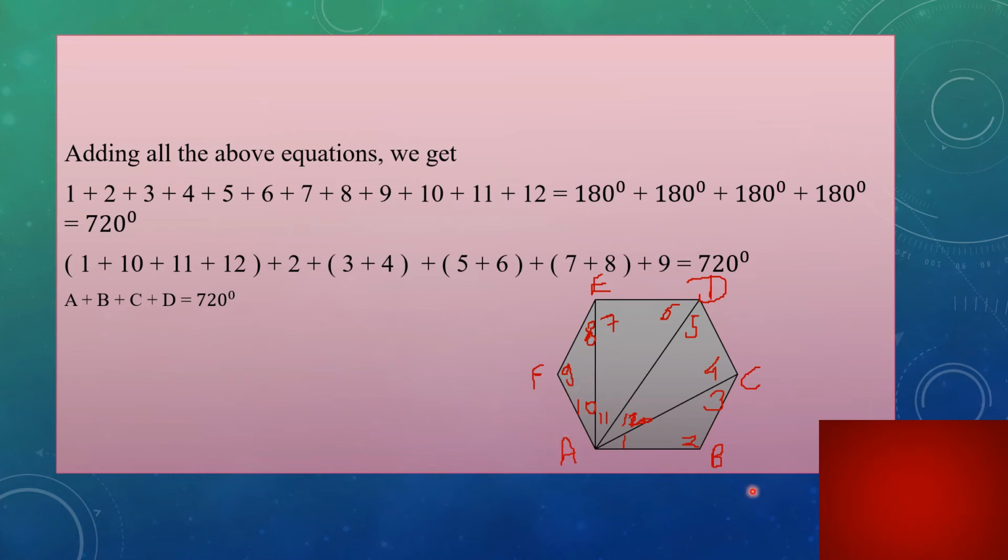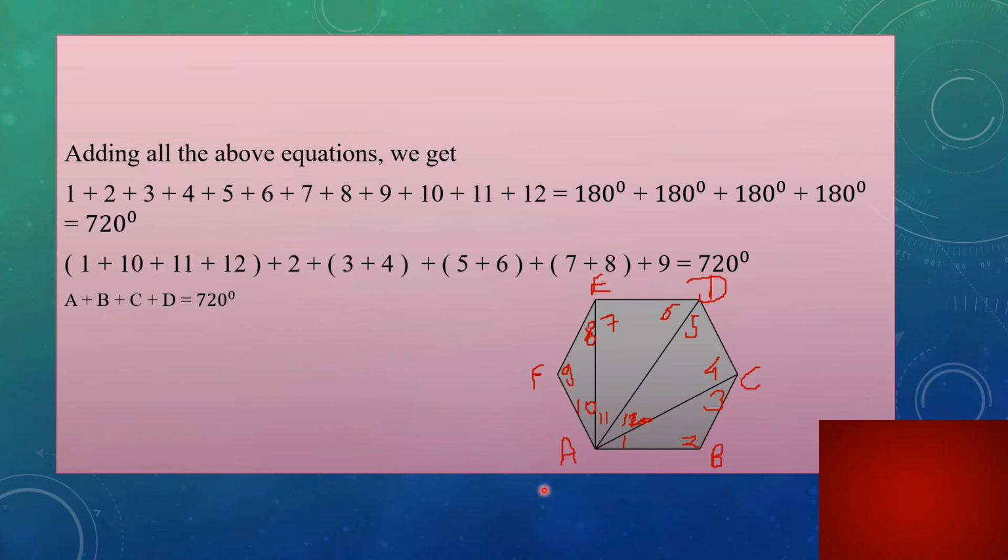Angle A plus angle B. Angle C is divided into 2 parts, angle 3 and angle 4. Angle D is divided into 2 parts, angle 5 and angle 6. Angle E is also divided into 2 parts, angle 7 and angle 8, and angle F is angle 9.